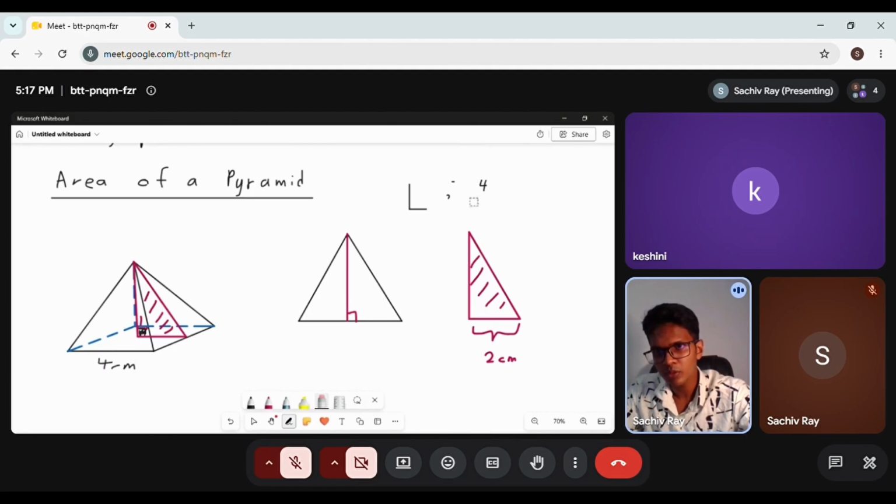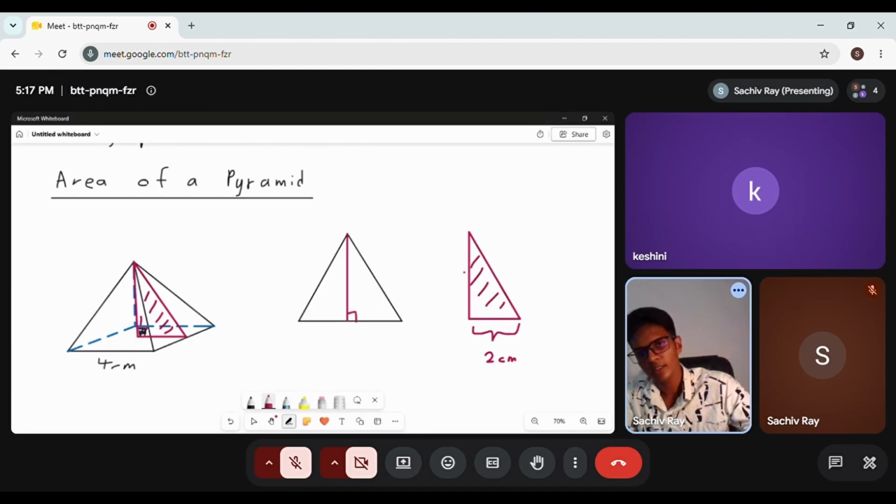In questions like these, they should give you the height of the pyramid. Now the height of the pyramid is the height of which one? This triangle or this triangle, the pink one or the side face?